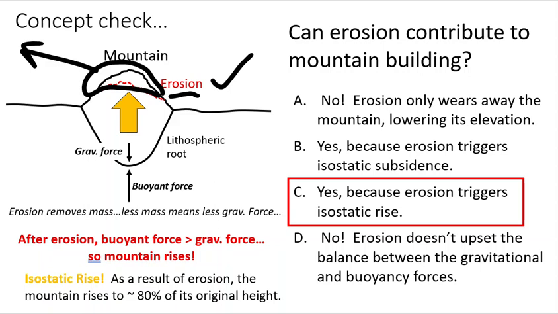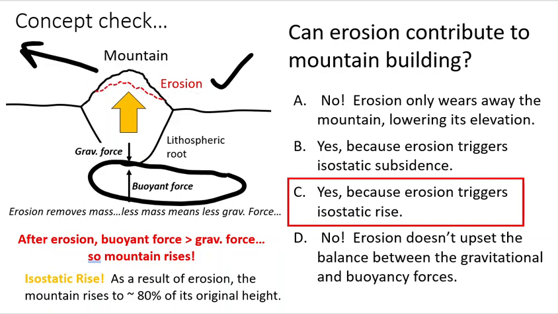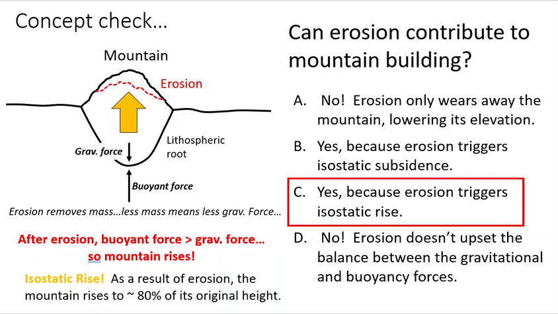But the buoyant force pushing upward on the lithosphere at the base of the lithosphere isn't changing, at least not at first. And so, particularly if we have rapid erosion, we get a situation where temporarily, at least, the gravitational force becomes less than the buoyant force.